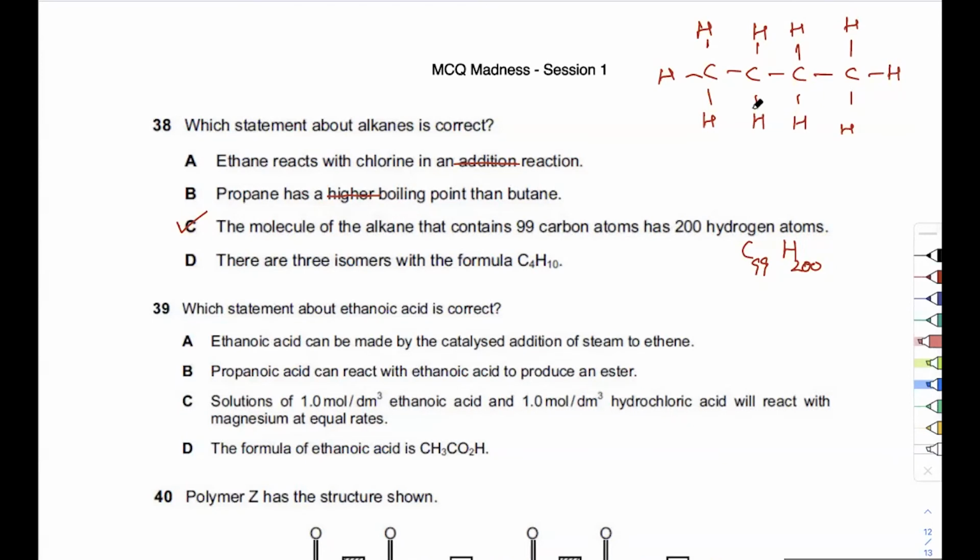Let's say I switch this hydrogen with this carbon. Why am I choosing that one? If I try to pick this one, I'll end up with the same compound. If I take this carbon and switch it here, it's the same compound again. If I do this one, it's the same thing. So the hydrogen on the first carbon or the last carbon, if I switch them, doesn't help me out.